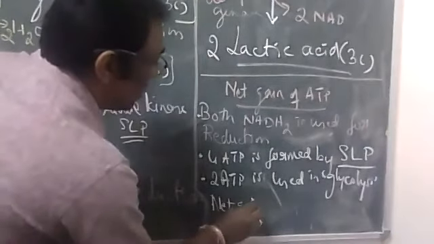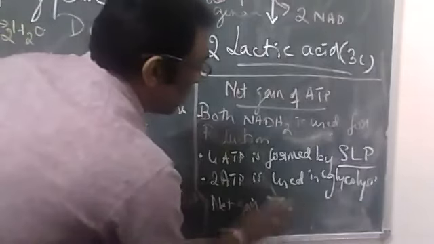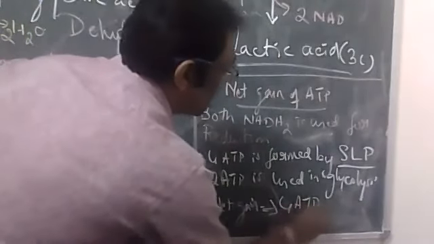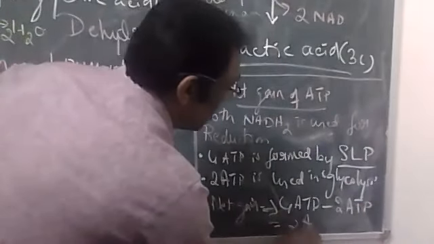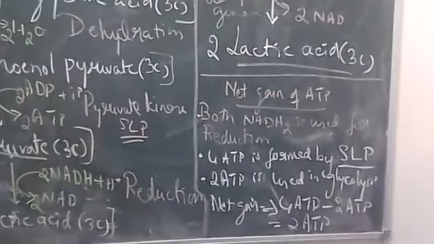Net gain is equal to how much? 4 ATP minus 2 ATP is equal to how much? Did you follow this? See slowly, understand slowly, go through slowly. Any doubt on that, you tell me. I'll take a photo meanwhile, you can go through. I'll send it on WhatsApp.